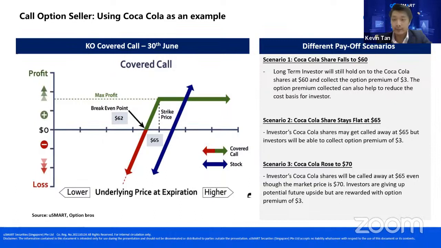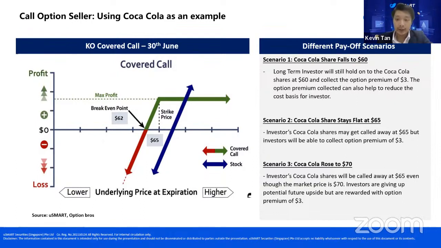To simplify it, it means that you own 100 shares of Coca-Cola, and then you sell a call option on Coca-Cola at $65. What it means is that at the end of the option expiry date, which is 30th June, you are obliged to sell your Coca-Cola shares at $65 per share.